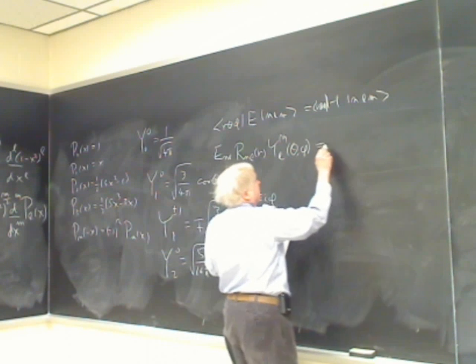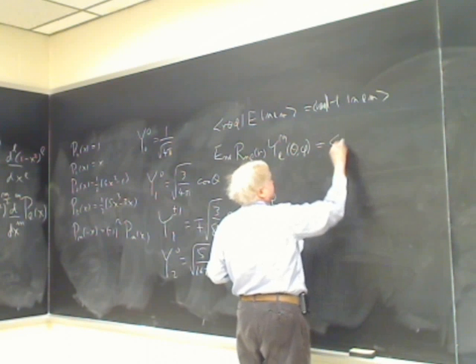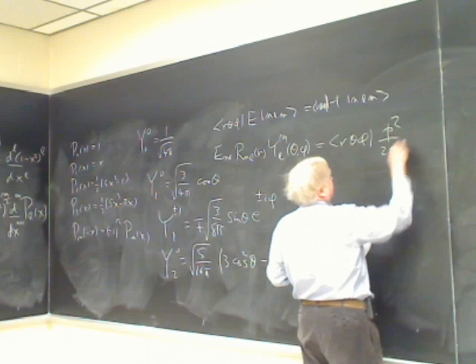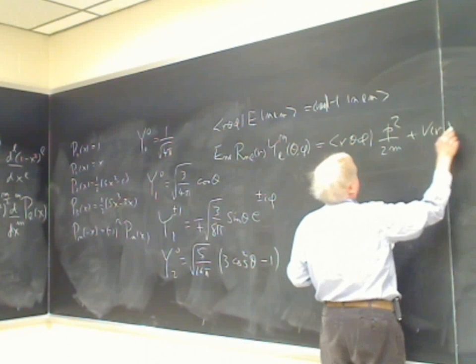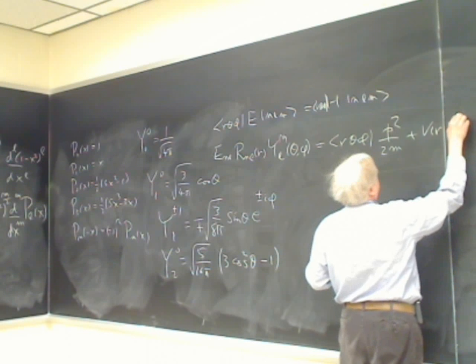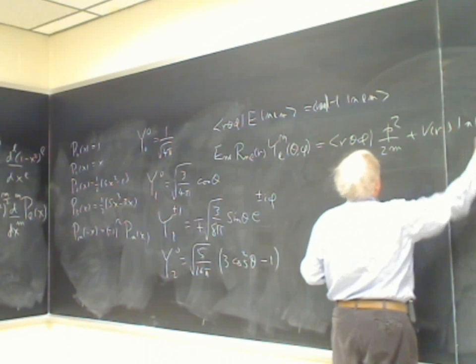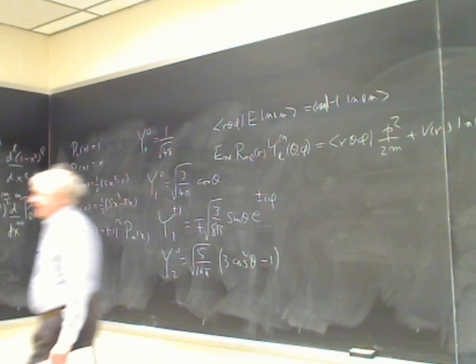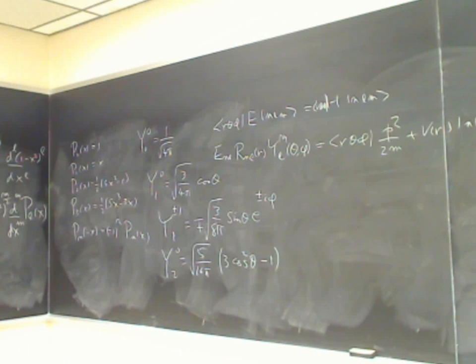phi. And now in here what we have is r theta phi, the Hamiltonian, minus h bar squared over 2m, acting on R_nl. And then this kicks in a second order derivative with respect to r, and then an L squared term.